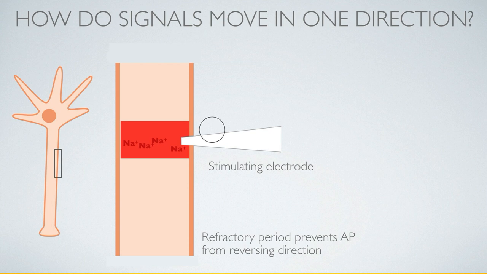Now, in both adjacent regions of the axon, we have a low concentration of sodium. So the sodium will infiltrate both regions, and the membrane in both of these regions is ready to be depolarized. The voltage-gated sodium channels right here and right here are in their resting state. Their activation gates are closed. The inactivation gates are open.